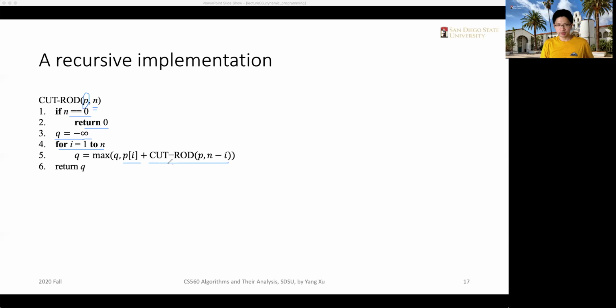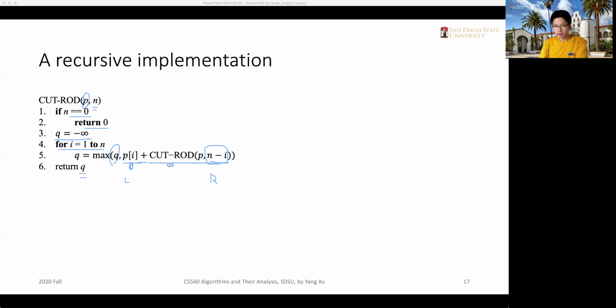So this is a recursive call to the function on the remainder length, which is n minus i. The result will be combined with pi, which is on the left half; this is on the left, and this is on the right. The two will be combined as a solution, and this solution will be compared with q, so that the maximum q will be found and returned.